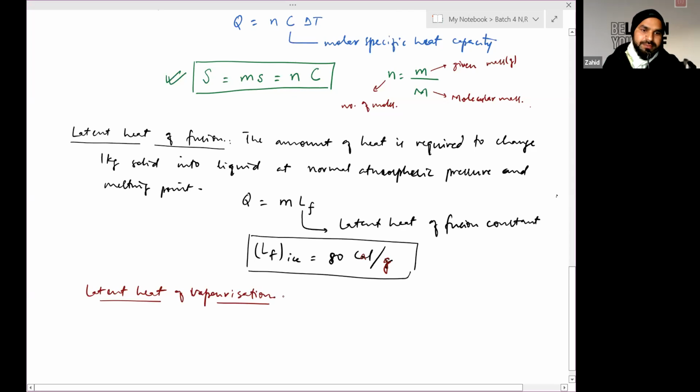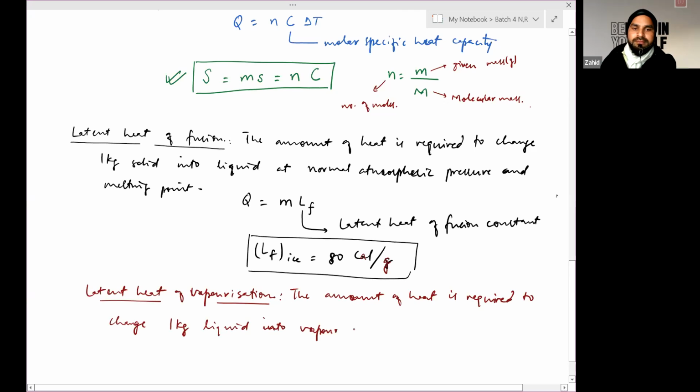Latent heat of vaporization is the amount of heat required to change 1 kg of liquid into vapor at its boiling point and normal atmospheric pressure.